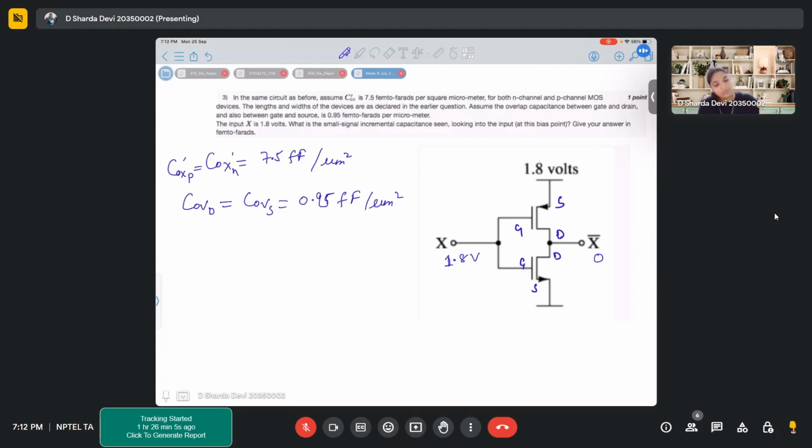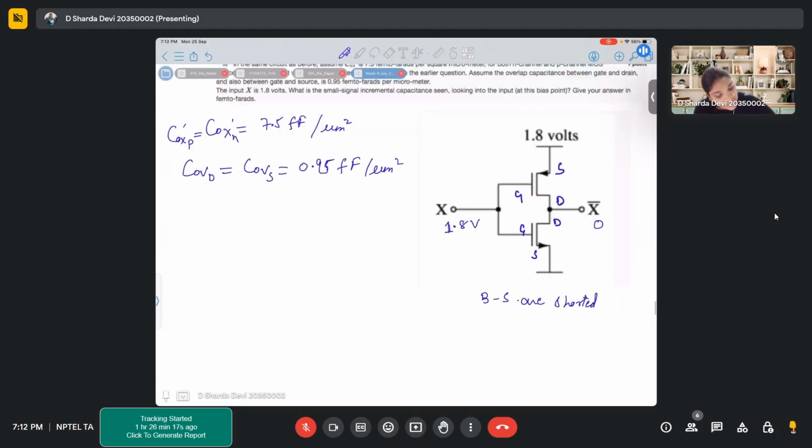So first of all, what is the input capacitance that we will see? Consider that body and source are shorted. So if body and source are shorted, the capacitance that we will have is CGS, that is gate-source.